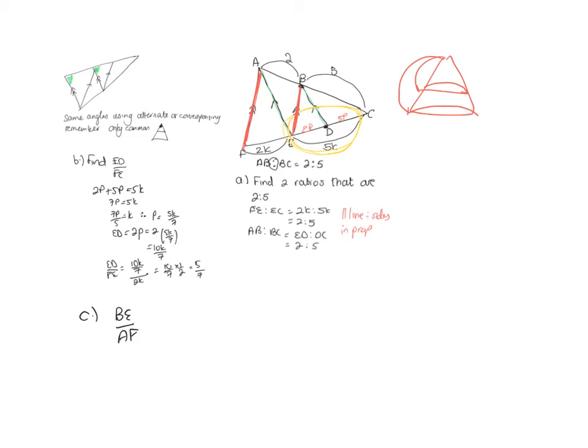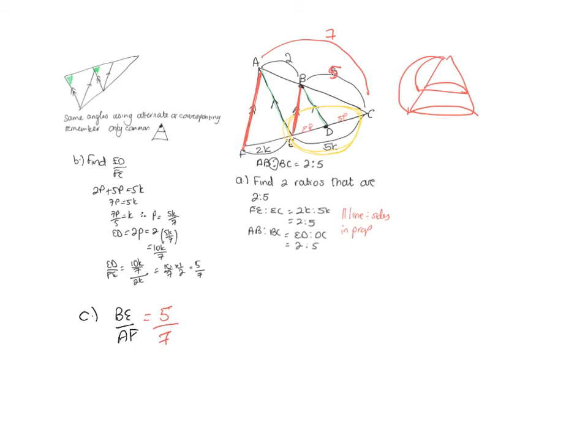Okay, so small over big. So if we look at the big triangle AFC, the small side is BC. So we're going to say the small side is 5 and the big side is 7. So we're going to say BE over AF is small side, which is 5, over big side AF, which is 7.